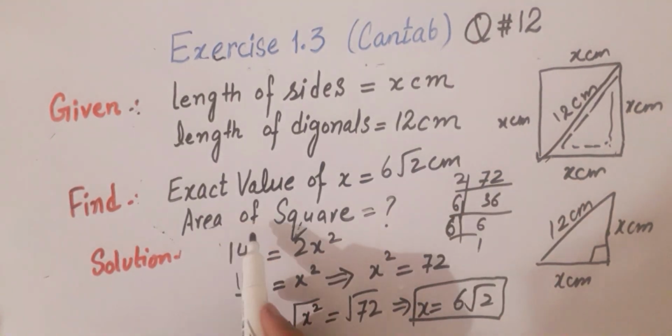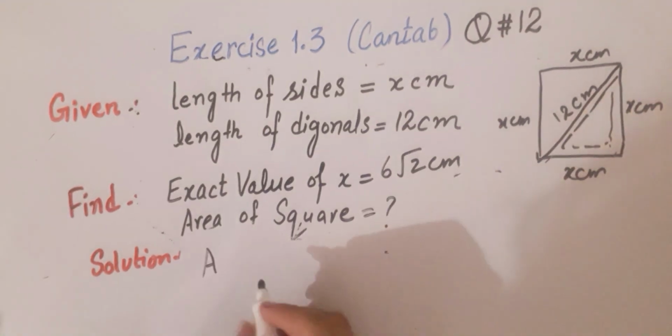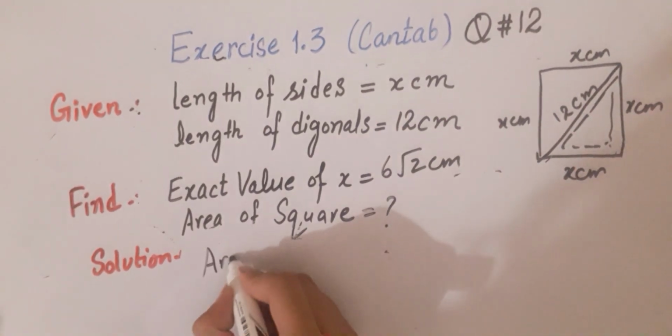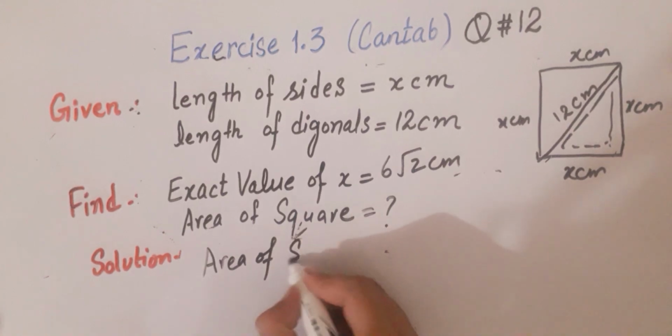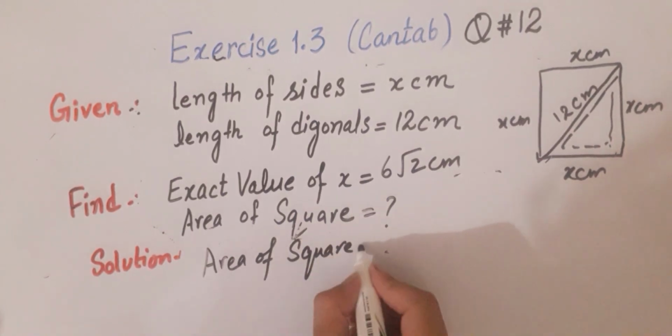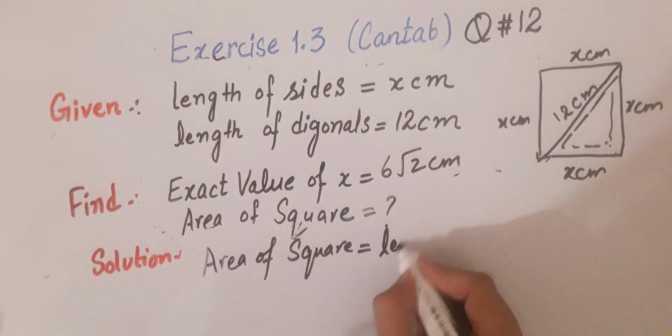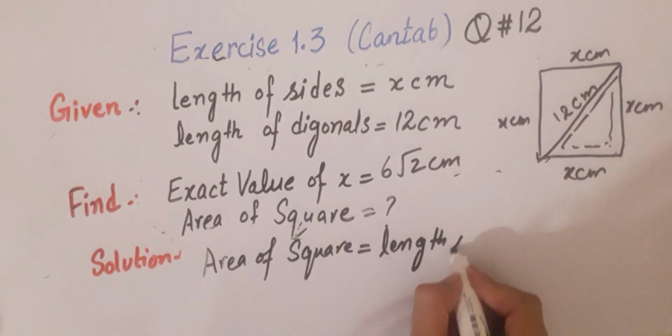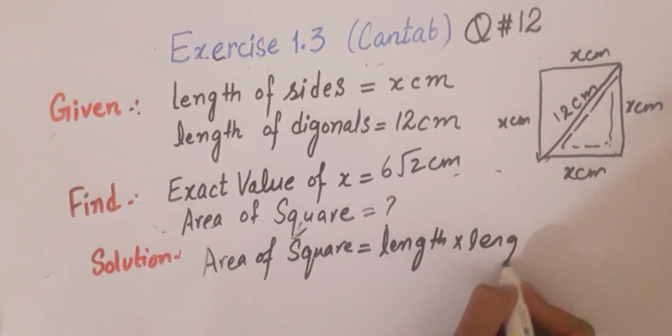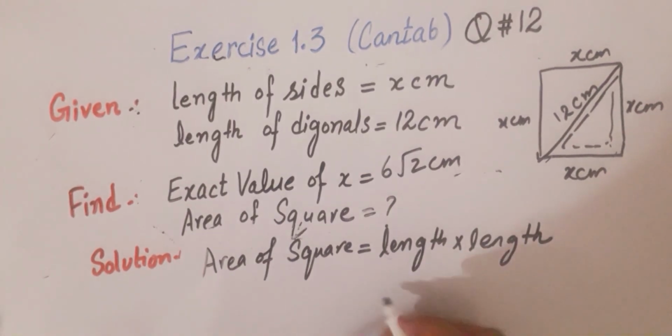Now we have to find the area of the square. So area of square is equal to length multiply by length. So what is the value of length?